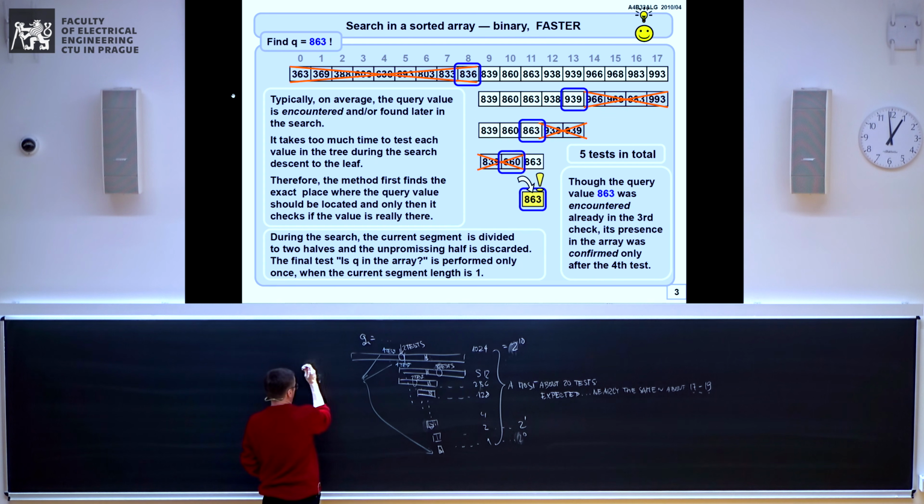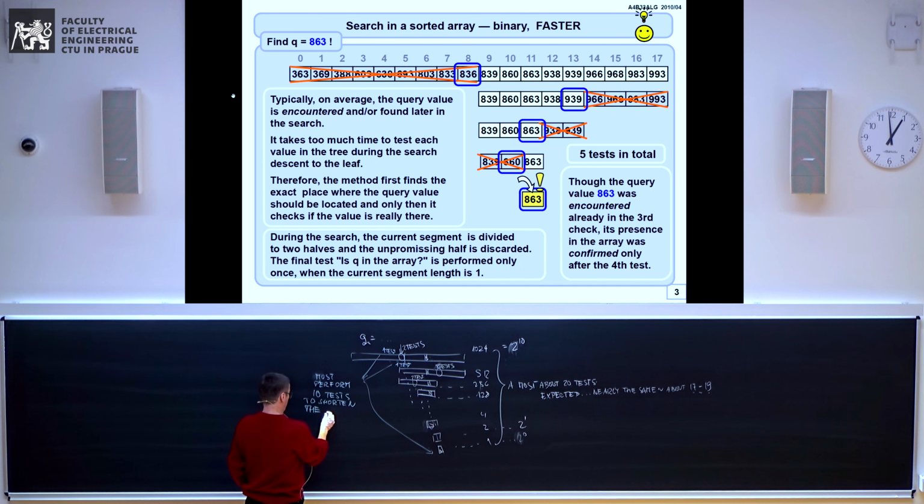So there you must perform at least 10 tests to shorten the part of the array you are looking in.